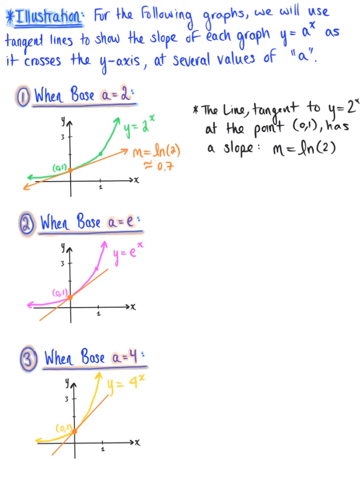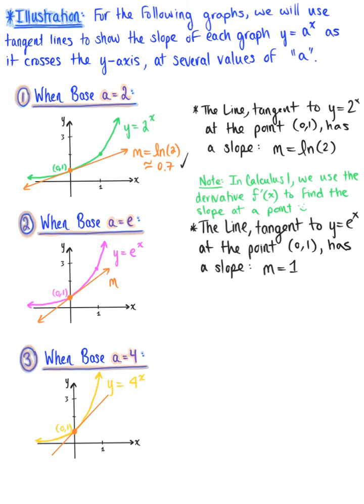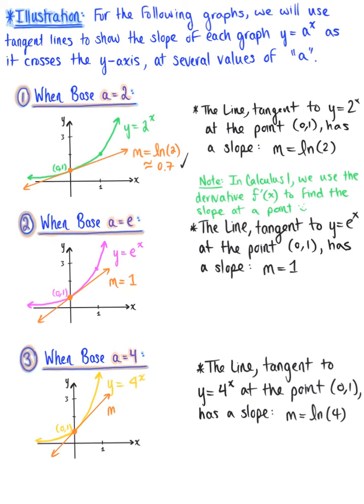So I'll leave that up to you, and we'll take advantage that this is the exact slope of the exponential function y equals 2 to the x as the graph crosses the y-axis. Now, looking at case 2, where we're considering the natural exponential function, this tangent line has a slope of 1. And looking at the tangent line in case 3, for the exponential function y equals 4 to the x, this tangent line has a slope defined as the natural log of 4, which is approximately equal to 1.4.